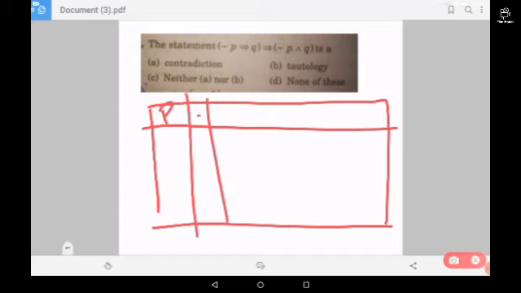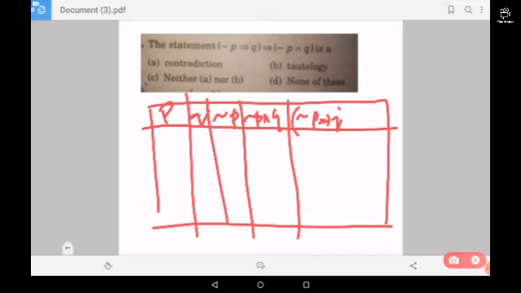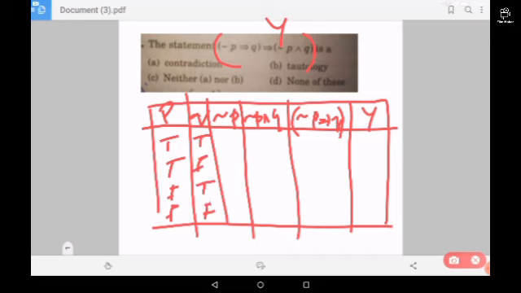P, Q, negation P, negation P and Q, negation P implies Q, and the whole of the Y. Okay, so true, true, false, false, and true, false, true, false are the truth values.